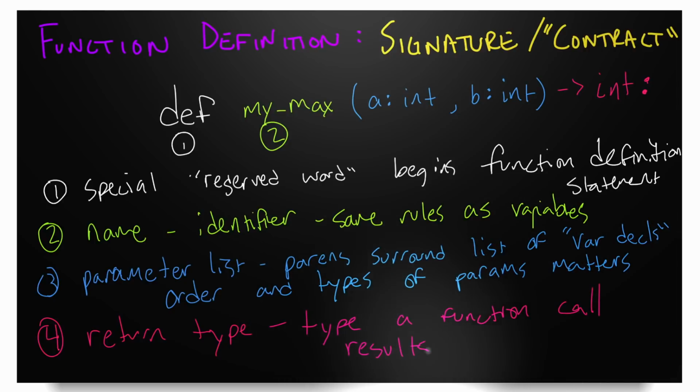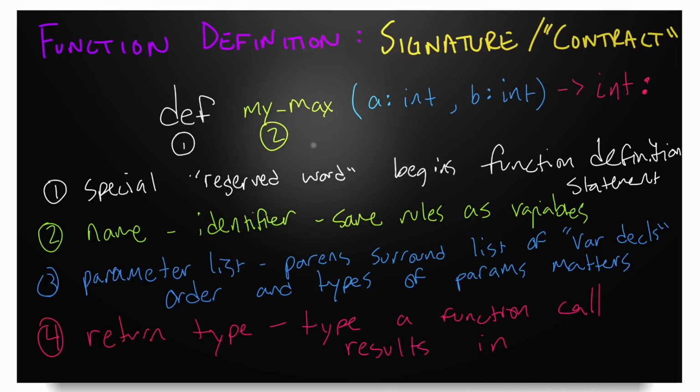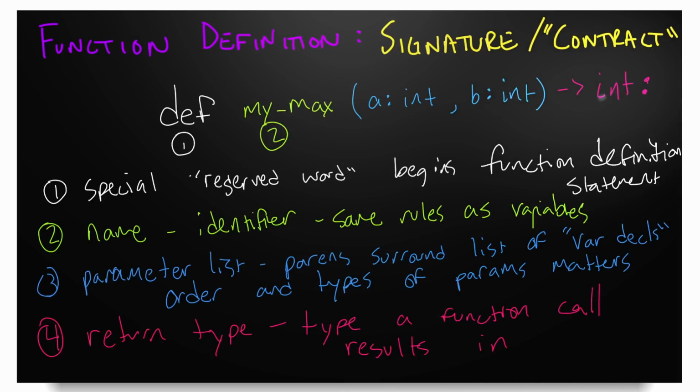In this case, if we were to call the mymax function, we know that it's going to give us back an int value. Whenever we call mymax, we know it's going to result in an int when it is evaluated. And we can take that int and do whatever we want with it. We can store it in a variable. We can use it in an arithmetic equation.